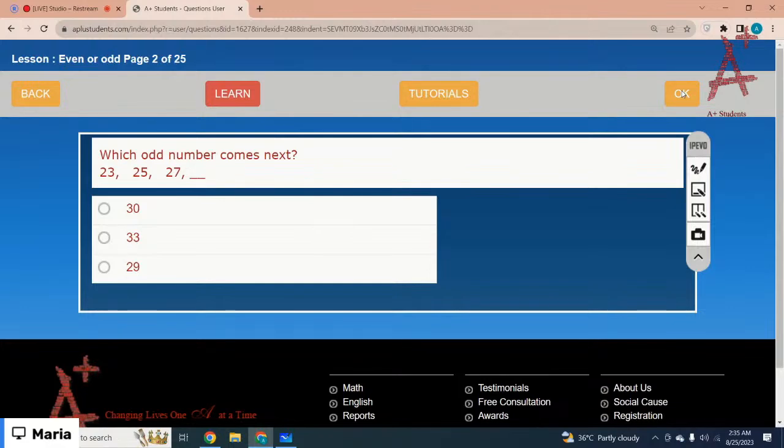It will be 29, right? That means the next number in the pattern is 29, and 29 is an odd number. So the next one is 29.